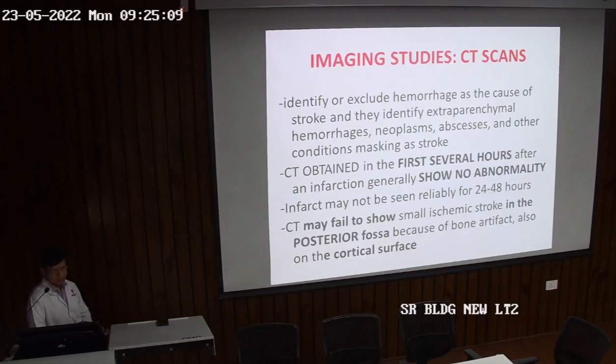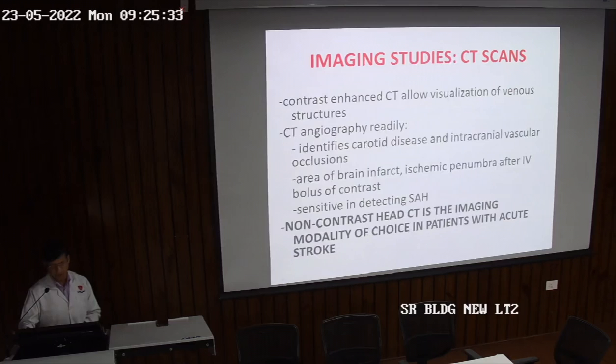So if the patient is having hemorrhage, the CT scan will show it. But if the patient is having ischemia, some infarction, the initial CT scan done within the first few hours may not show any abnormality. So we have to go for another CT scan after 24 to 48 hours to find out the site of the ischemia.